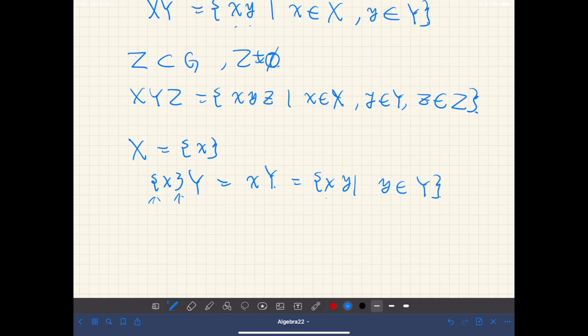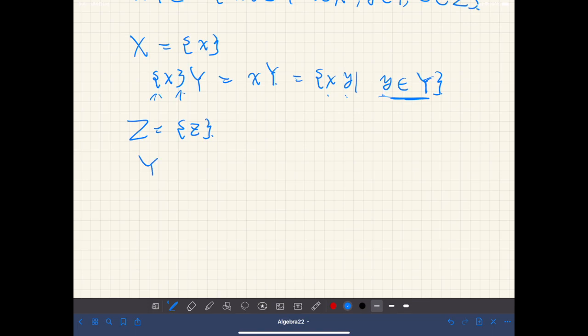This is the set of all products between x and y, where y is an element of the subset Y. And similarly, if Z is a subset consisting of only one element z, then instead of writing Yz with curly brackets, we just write Yz, omitting the curly brackets. And we mean yz, where y is an element of Y.